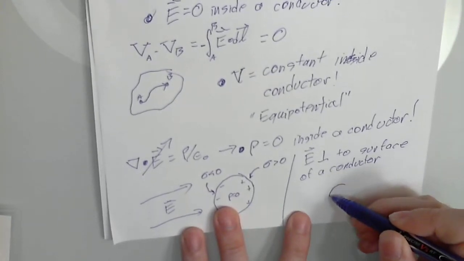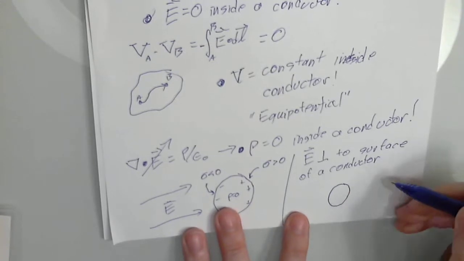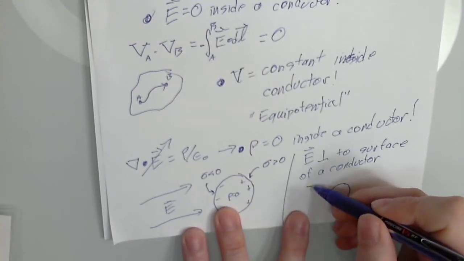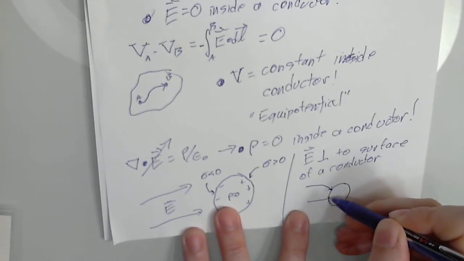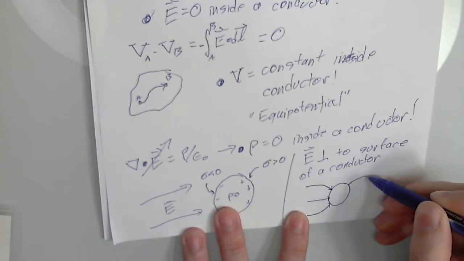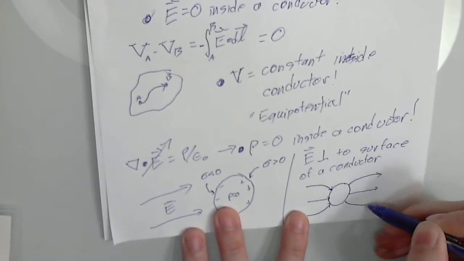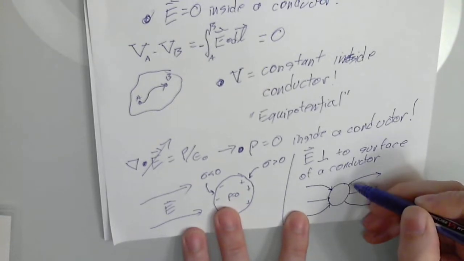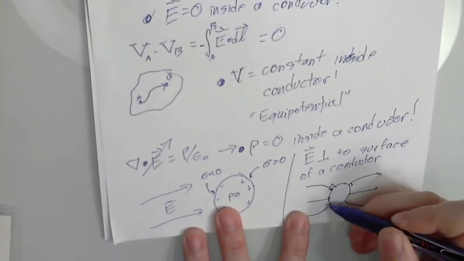All right. So if I have a conductor here, and I have some sort of electric field lines outside, they must meet the conductor in such a way that the field lines, the direction of the electric field, is always perpendicular, at right angles, to the surface.